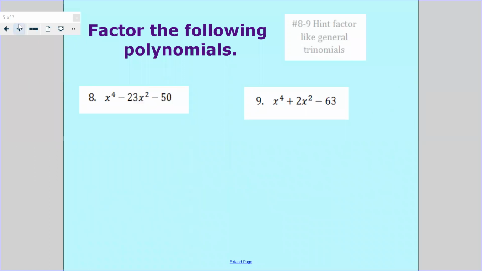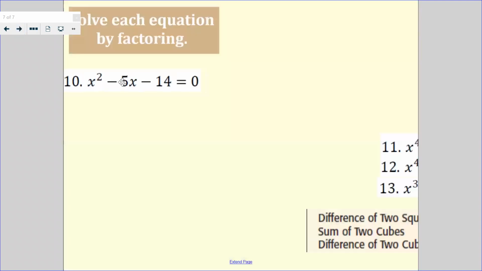Last couple examples here. Now we're going to go one last step. Before we were just factoring. Now we have an equation. We have an equal sign here. So with an equation, we actually have to solve what values of x make this true. But we're going to start things the exact same way. What multiplies to negative 14? What adds up to negative 5?